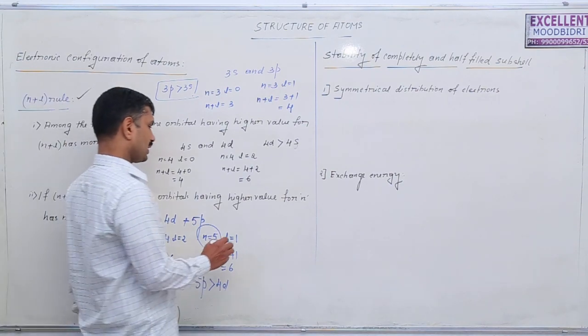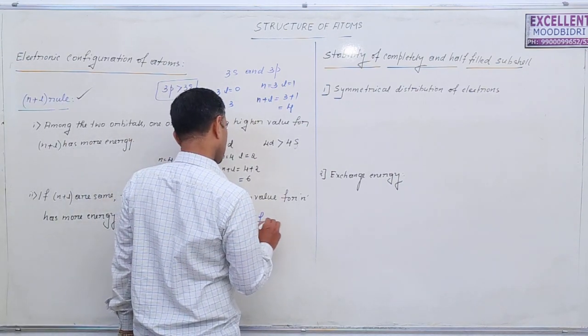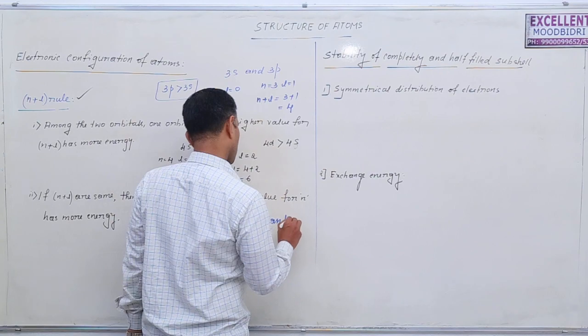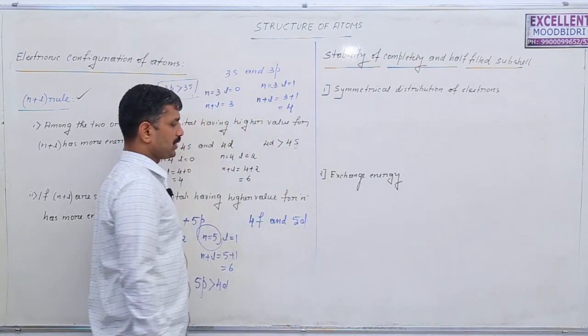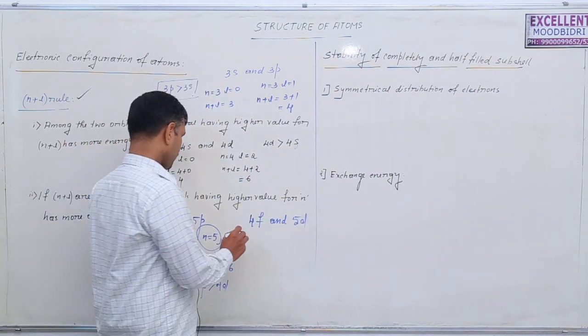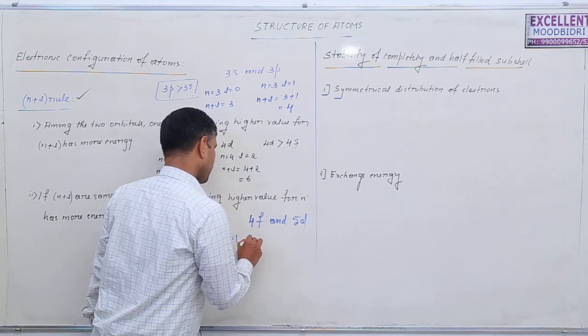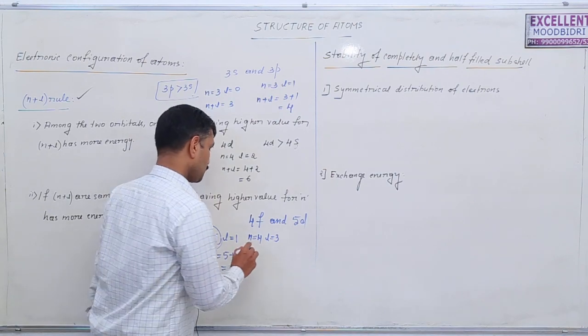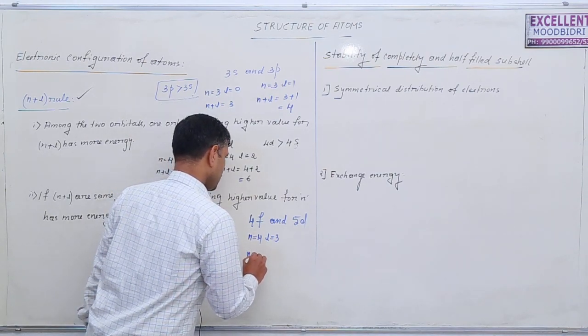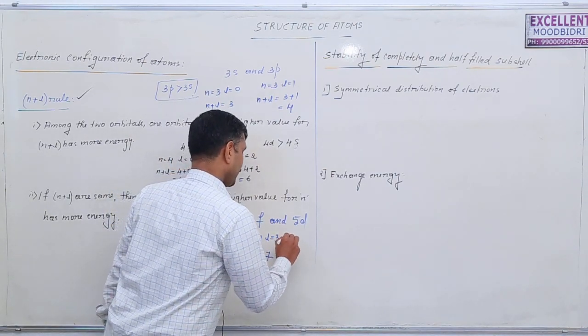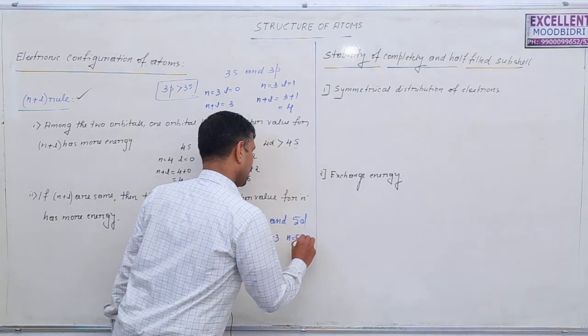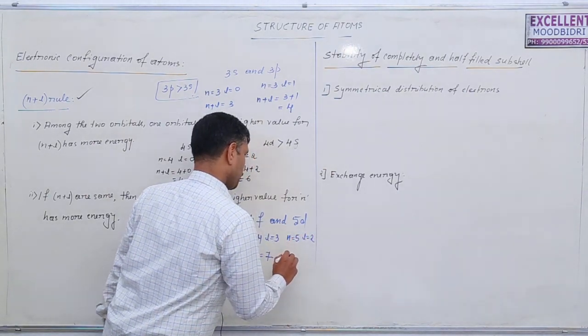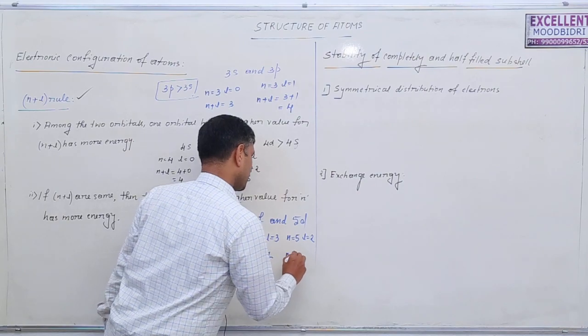Okay, one more example, 4f orbital and 5d orbital. For 4f, n equals 4, l equals 3, so n plus l is equal to 7. For 5d, n equals 5, l equals 2, so n plus l equals 7.